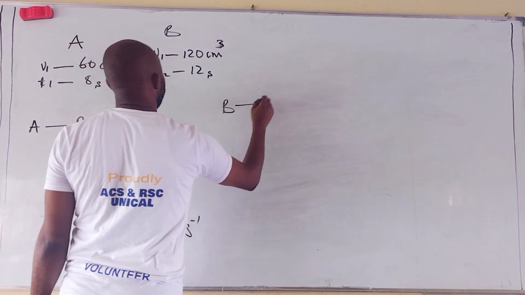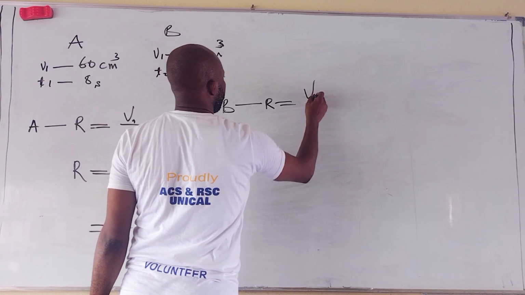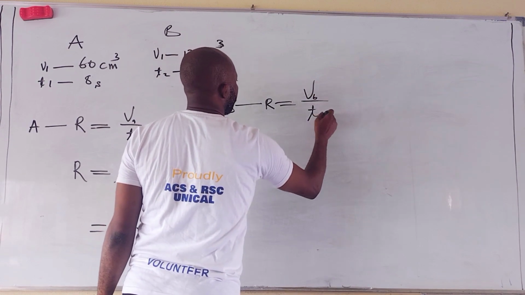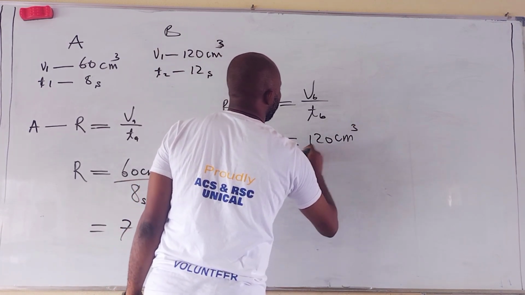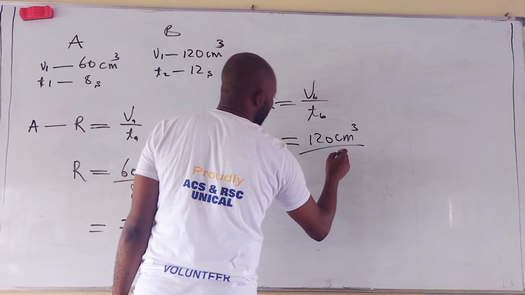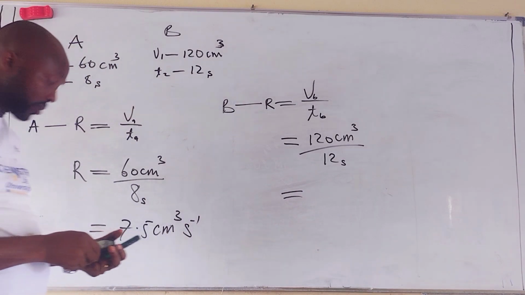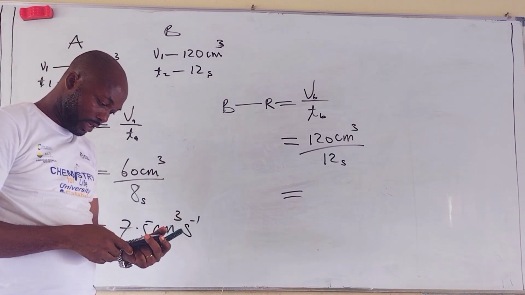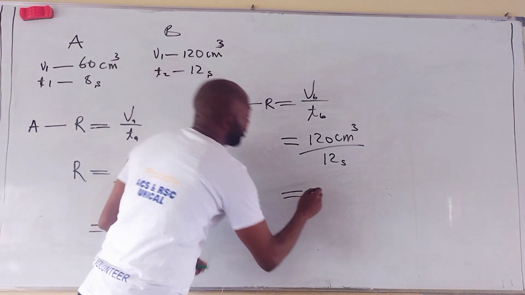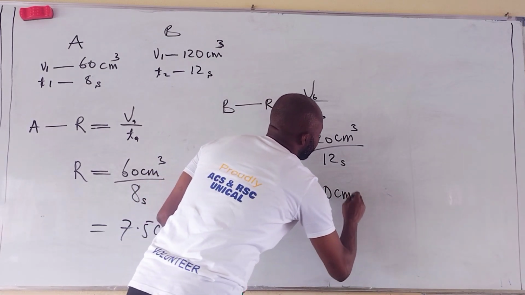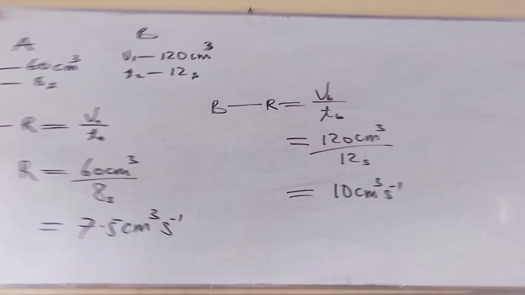Gas B rate is equal to volume of B over time of B, which is 120 cm cube over 12 seconds. 120 divided by 12 is 10. So I have 10 cm cube per second. So that's that.